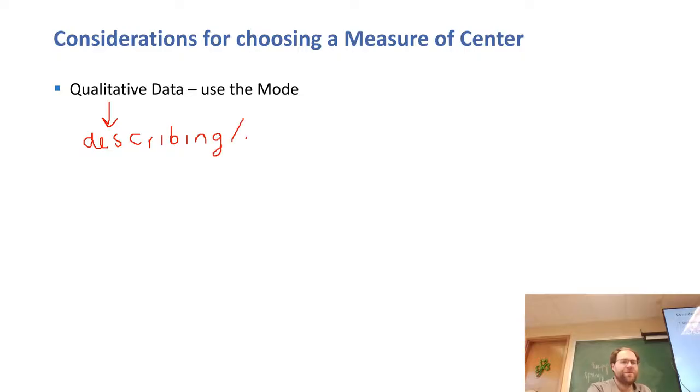But the important thing, qualitative is going to be not numbers. If you do have numbers, then it's going to be quantitative data. That's the key difference there.